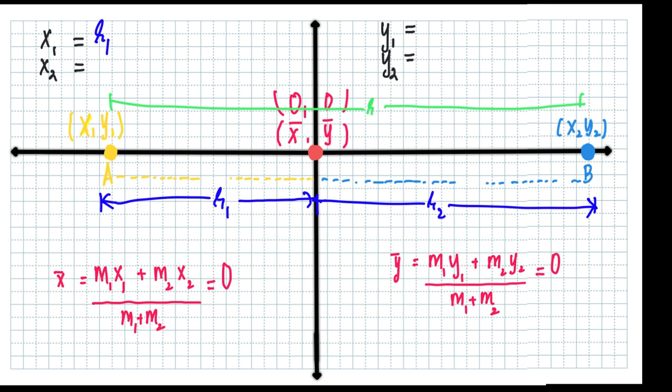What is x2? x2 is r2. What is y1? As in the previous case, it would be 0. As in the previous case, y2 will also be equal to 0. And therefore, since y1 and y2 are equal to 0, this complete fraction is now equal to 0. Therefore, y bar is also equal to 0.